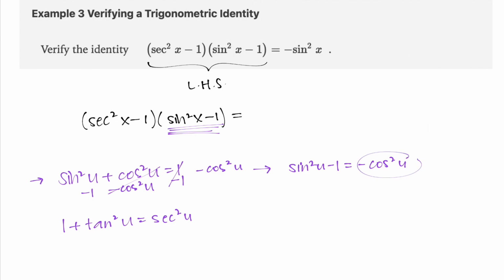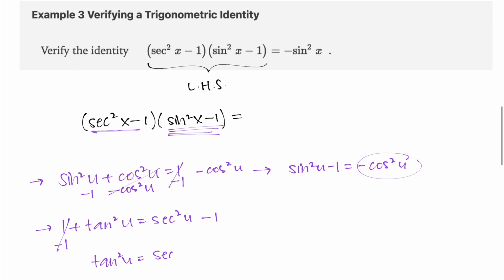Now we're keeping that in mind because we're going to use that in the next step for the substitution. But now I'm going to take a look at the next Pythagorean identity to figure out what expression I can use to sub out this first portion of my product. If I just subtract 1 from both sides of my equation here, I'll get exactly what I need to substitute, which is just tangent squared u.